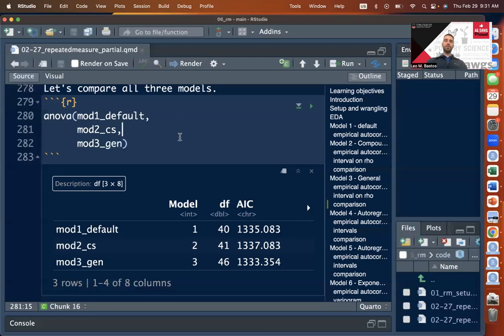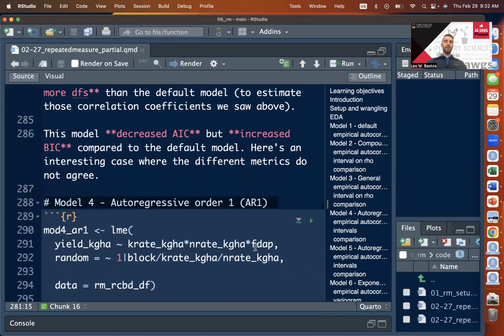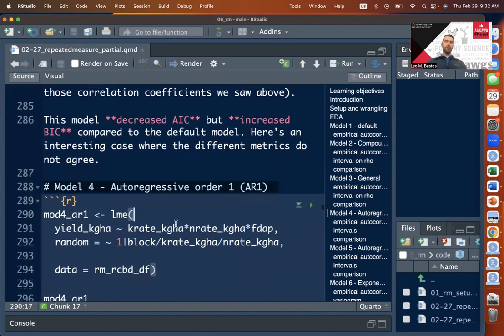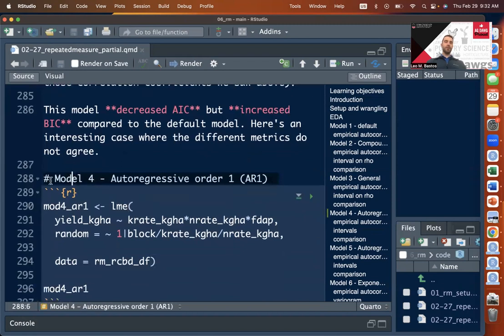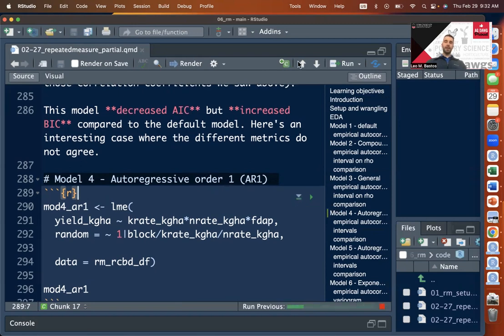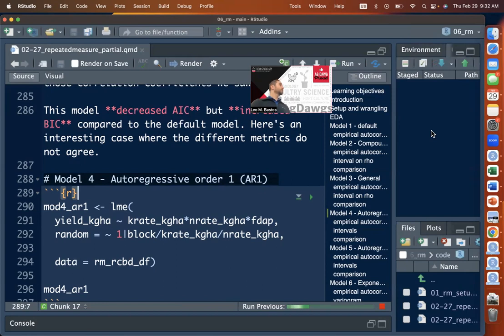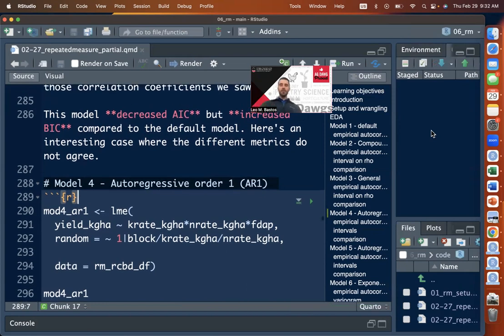However, for us to reproduce everything that we already did, you can go to the next chunk, the one running model 4, AR1. If you click on this button, it will run all chunks above, and that will create all the variables that we will need to continue. So make sure you do that.